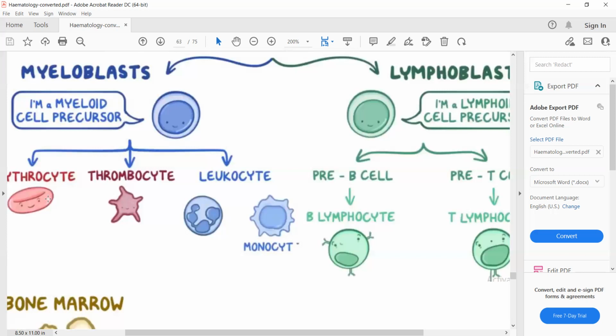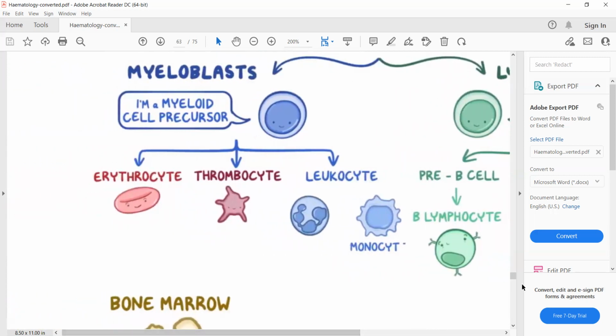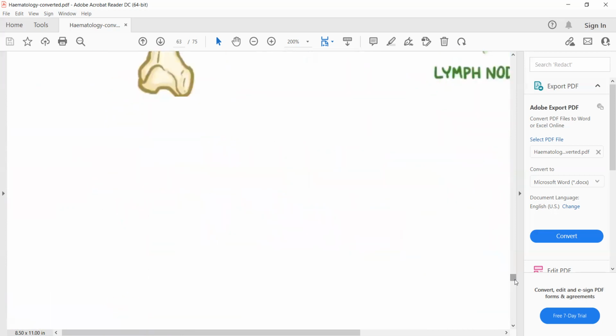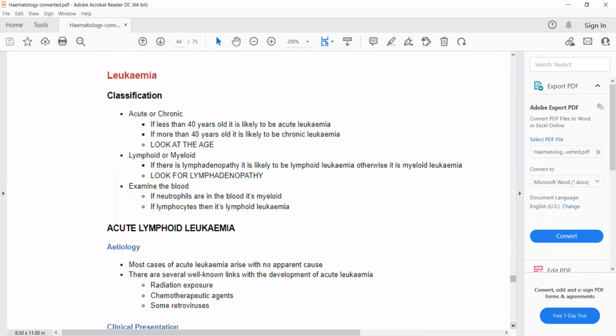So RBC will be reduced, a person will develop anemia, platelets will be reduced, he will develop thrombocytopenia, and leukocytes will be reduced and he will develop neutropenia. So this is the basic mechanism of acute lymphoblastic leukemia, that there is excessive proliferation of lymphoblastic cells, which lead to compression or suppression of the other cell lines.